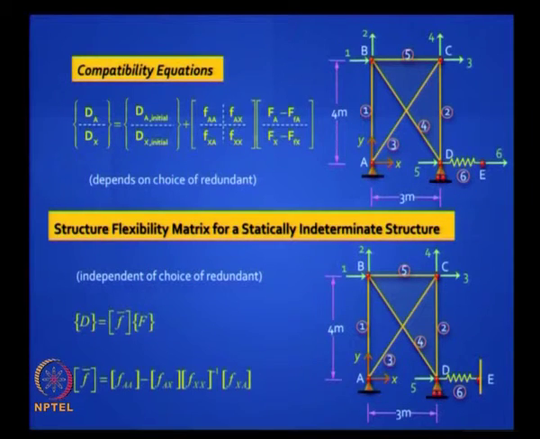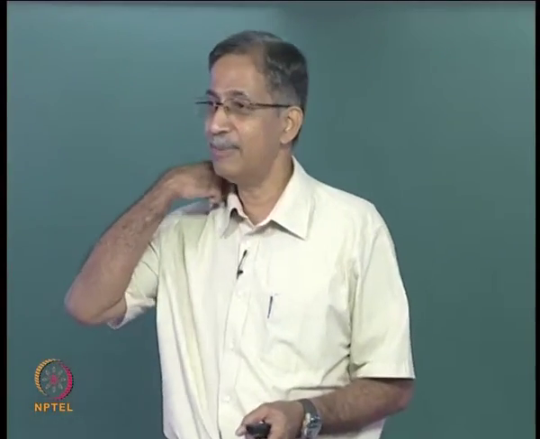Different students will have different submatrices here depending on their choice of redundants, but when they carry out this product everybody will be left with the same structure flexibility matrix. So the proof of this I will leave to you, but it is very interesting, okay.